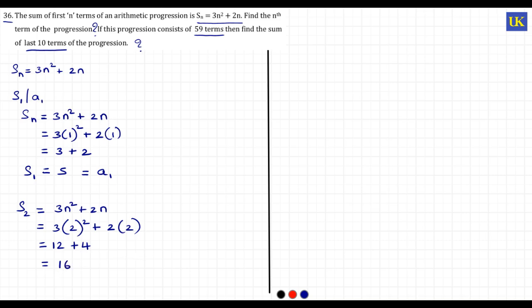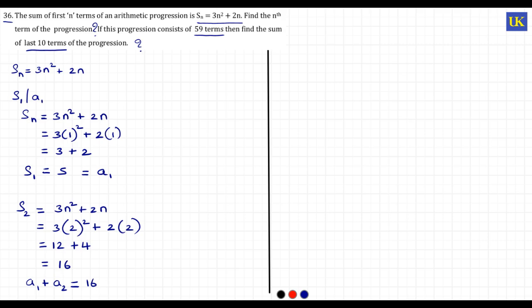Essentially what this 16 means is that A1 plus A2 will be equal to 16, because it is the sum of the first two terms. So if we add the first term and the second term, we are going to get 16.